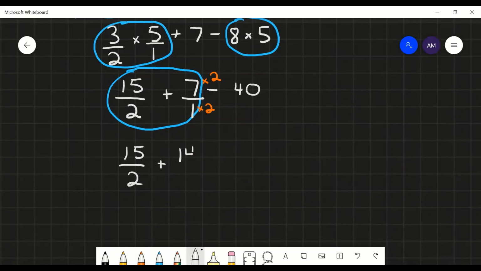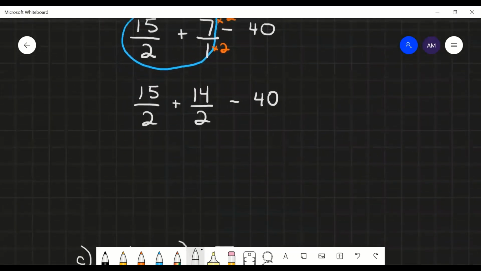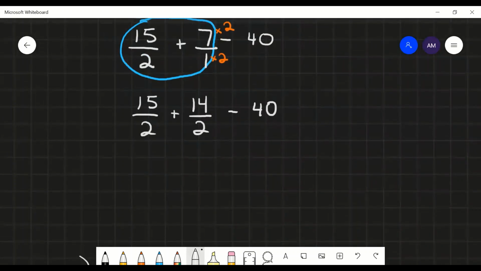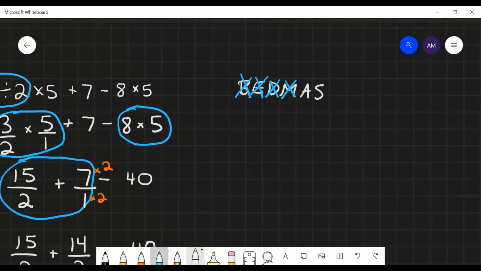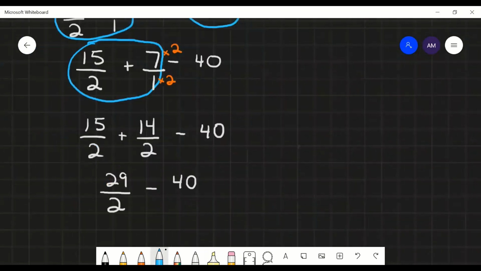That's 14 over 2 minus 40. Now that we have the same denominator, we can just pair them. So they're both over 2. 15 plus 14 is 29 minus 40. All right, so we've finished all of the additions. There's only subtraction left.